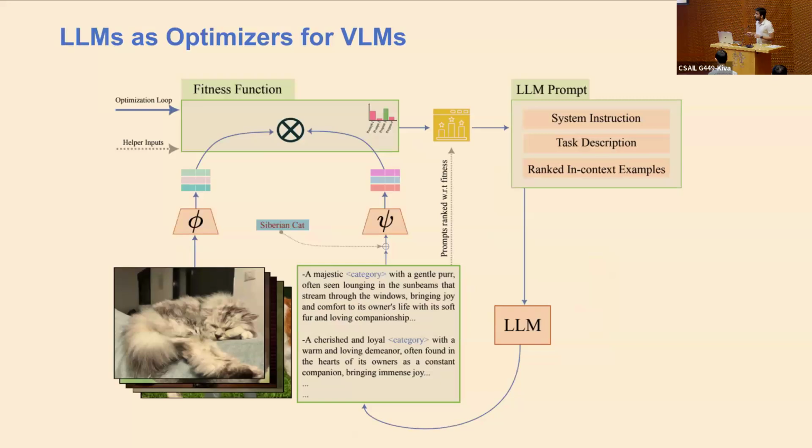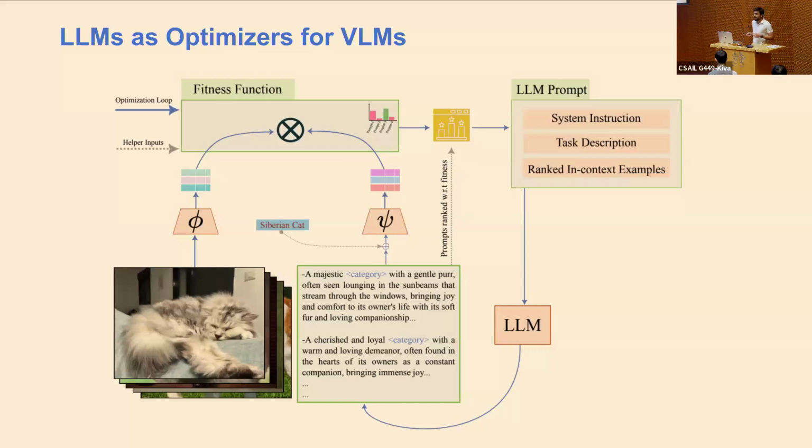So here is the vanilla version of the approach. This is the first version, by the way. LLMs as optimizers now for VLMs. What is actually happening here? Again, we have our friend the LLM here, and we want to pair two disjoint models. One is this VLM, which is a CLIP, and this is the LLM here.